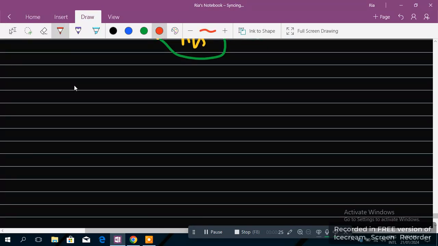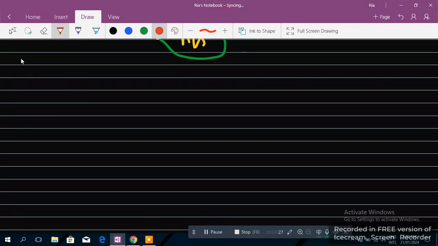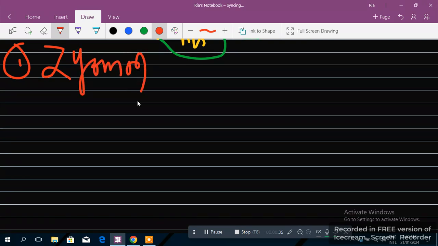So the first gastric gland is the zymogen cells. Zymogen cells, what do they do? They have three names.